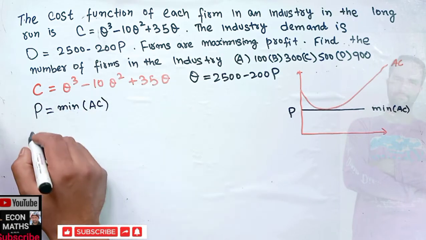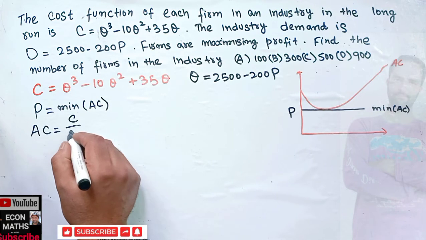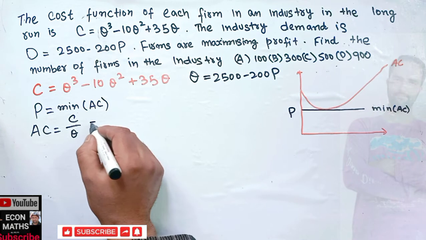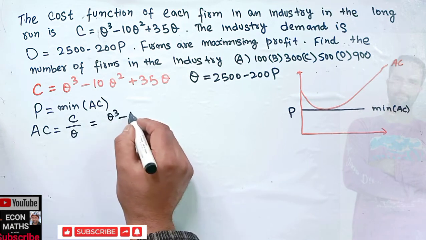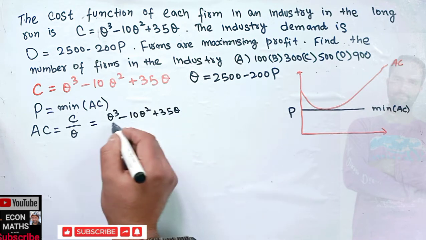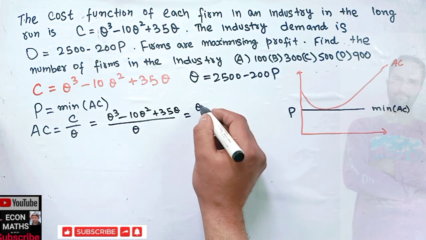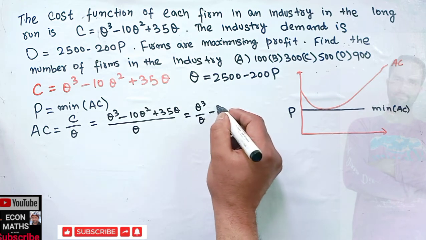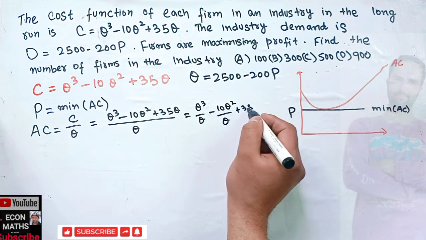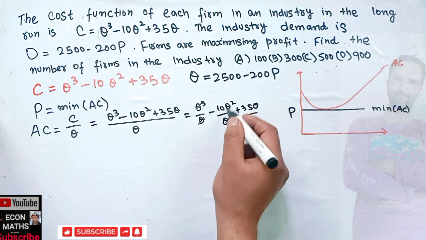Now let's calculate firstly the average cost. Average cost is simply total cost upon Q, which gives us Q^3 - 10Q^2 + 35Q, and we divide this by Q. We can write it like this: Q^3 upon Q minus 10Q^2 upon Q plus 35Q upon Q. Q over Q is the same thing, so one gets cancelled.